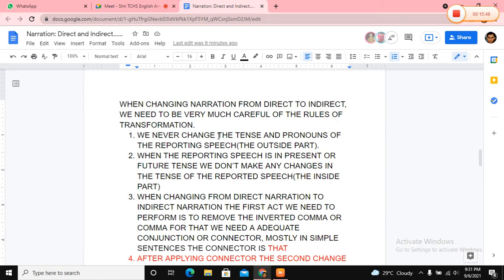Mostly in simple sentences the connector is that. So when we are converting the direct into indirect, the first thing that we do is we remove the quotation marks and comma, and we need a connector or conjunction. And mostly in usual, simple sentences, the connector is that.